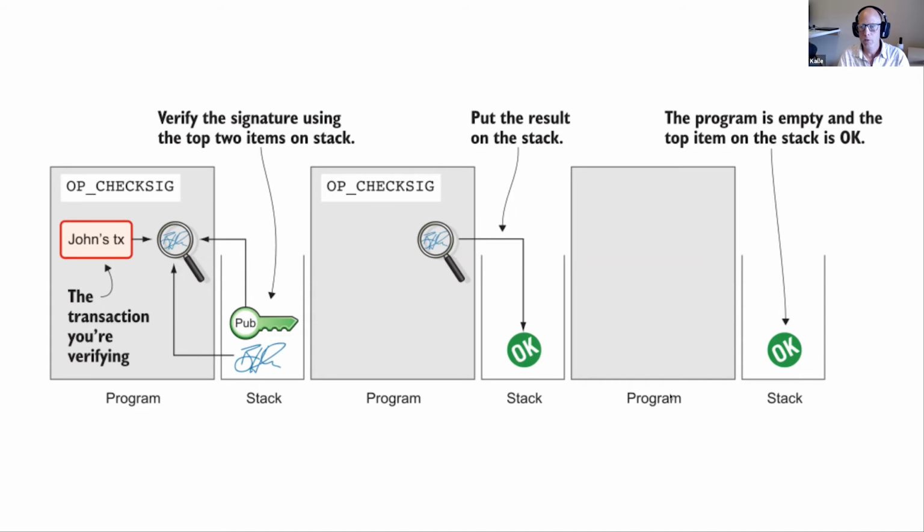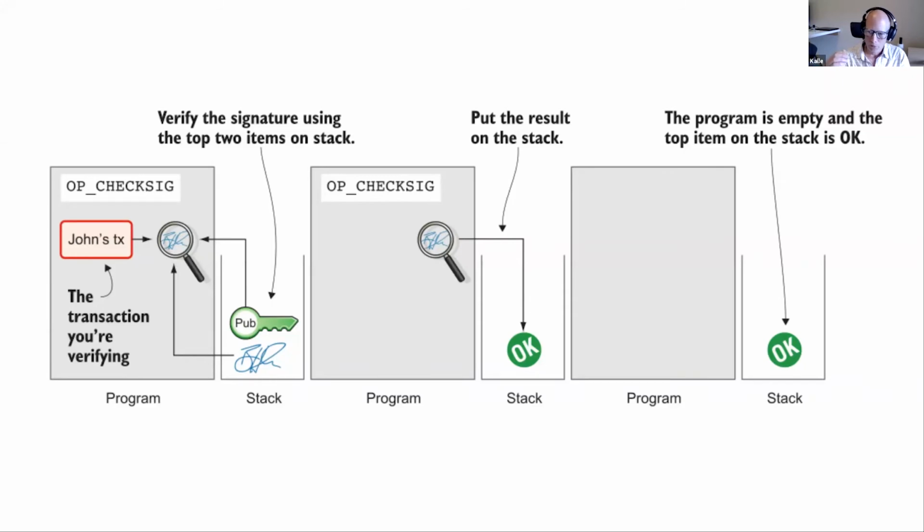And now the program area is empty. And we have a single item on the stack, which is true. And if the program is empty and the stack has a non-zero item on top of the stack, it will regard the program as a whole as successful.